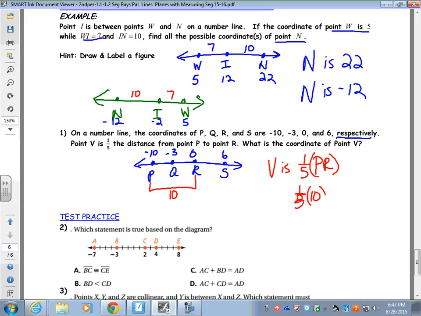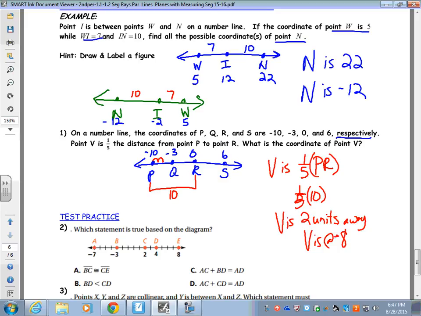So V is 2 units away from P, because 1/5 of 10 is 2. So I would take 2 units, and I would see that V is really negative 8.